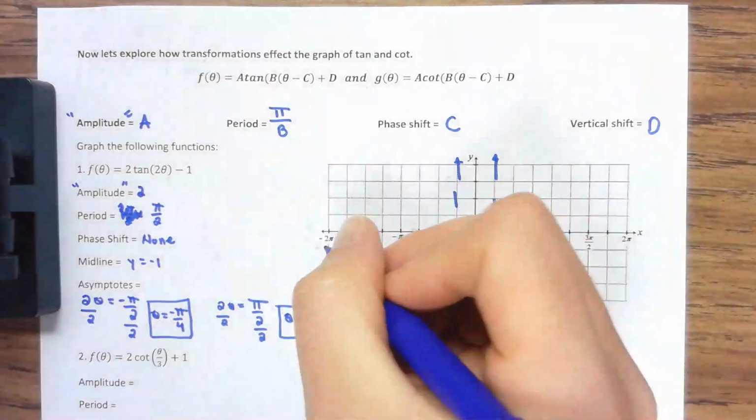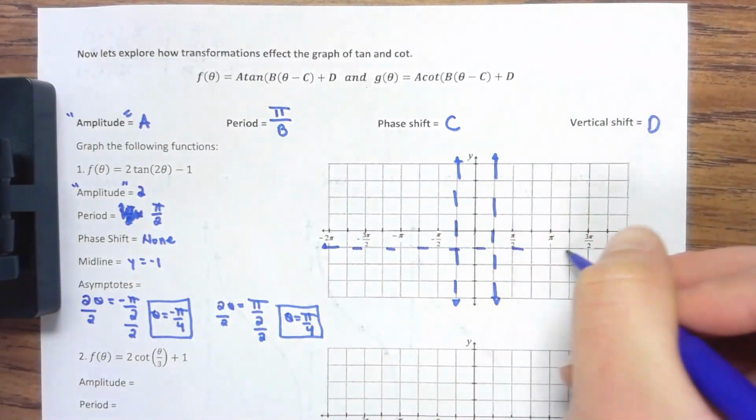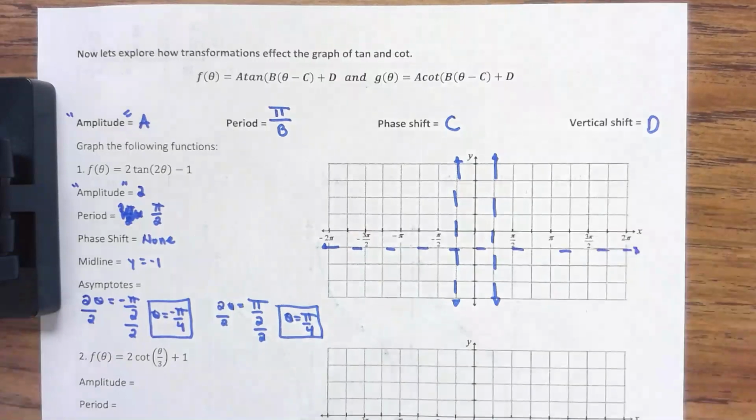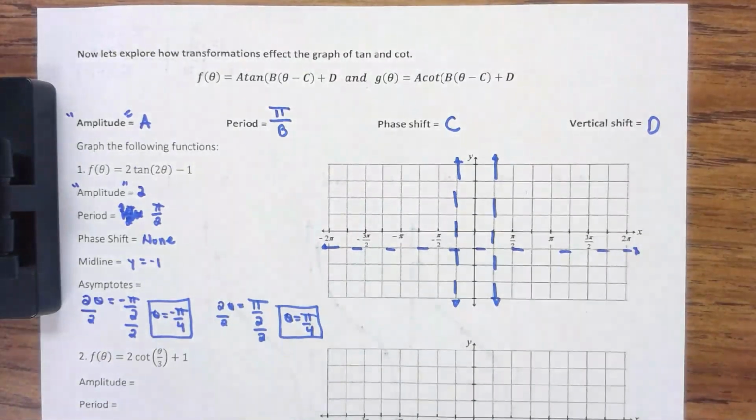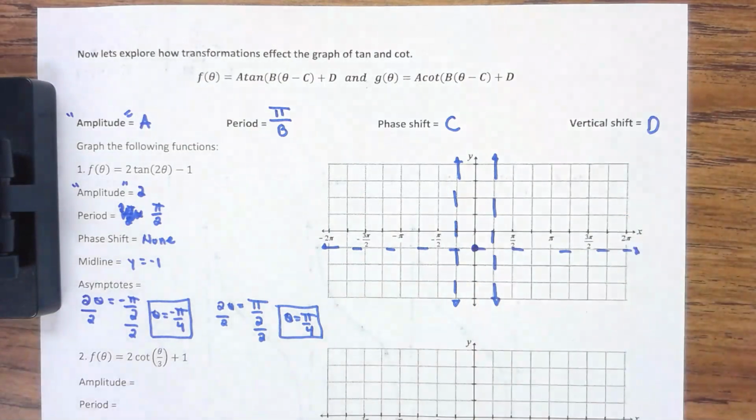So let's fill in the midline. It gets a little cluttered at that point, but it at least helps us remember that the first point I'm going to plot on that midline is the halfway period mark. So I'm going to go halfway to my period and put a dot on that midline. The amplitude, or that A value, gets applied when we go to our quarter and 3/4 period distances.